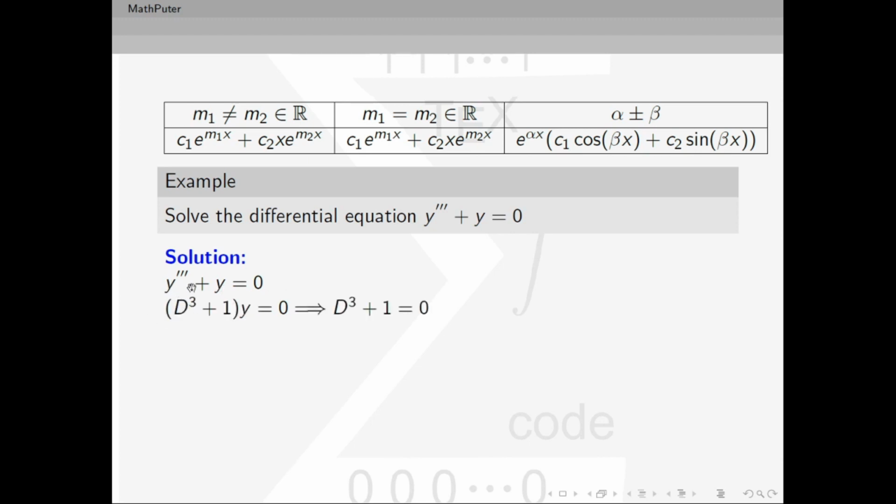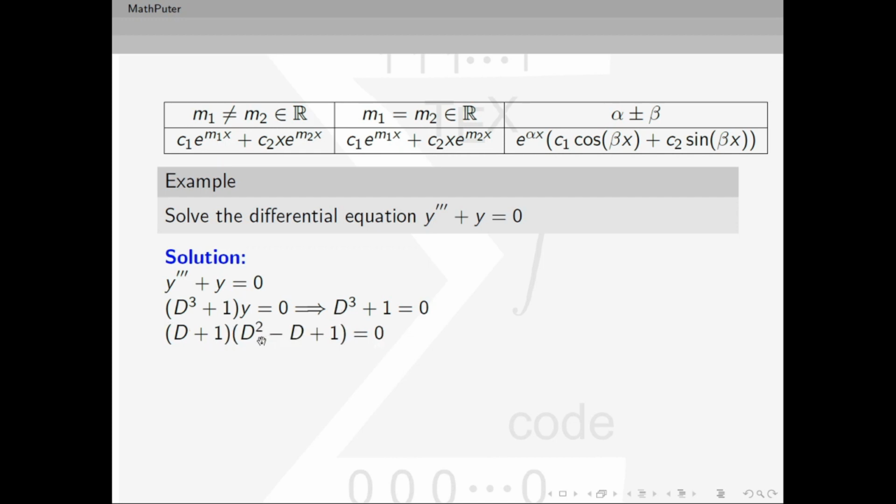So here we have D cube plus 1 into y equal to 0. Now you know how I could write D cube plus 1 into y. The third derivative represents D cube y. This is plus y. I took y common. Since y is non-zero, therefore D cube plus 1 equal to 0. You know the factors of D cube plus 1?